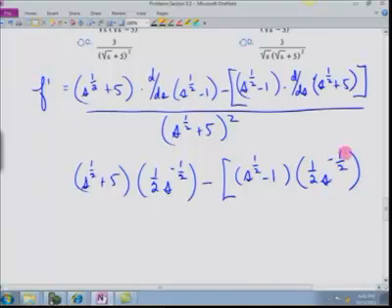Of this one? Right there? No. Right here. It's going to be 1/2 in front, and then you take 1 away from 1/2.